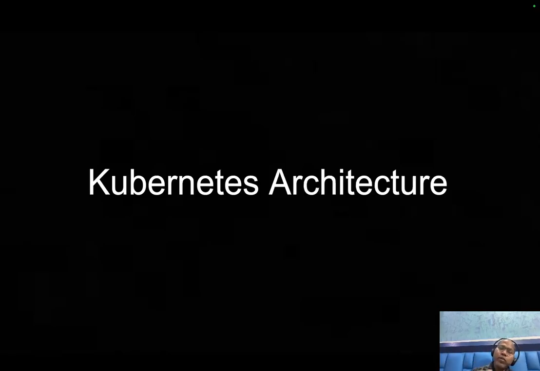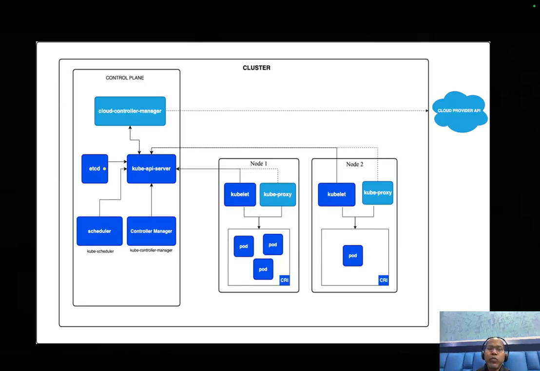So, what is the overall architecture of Kubernetes? These are the high-level architectures. Multiple things you can notice here, like a cluster. A cluster is just a group of machines or virtual machines or any kind of operating system.